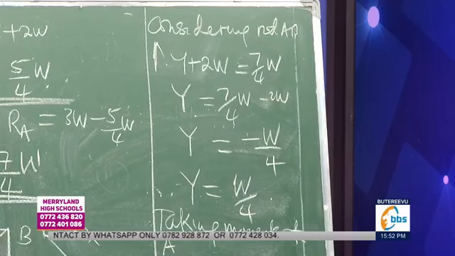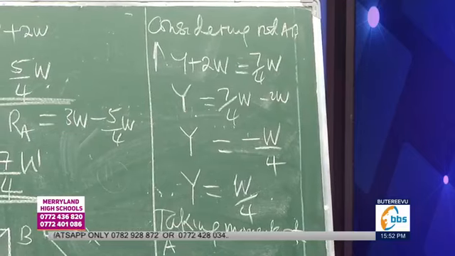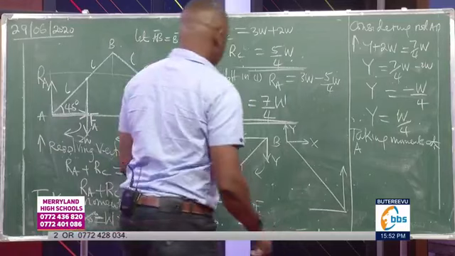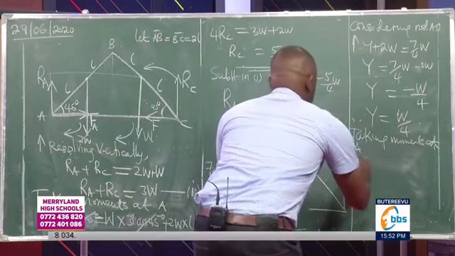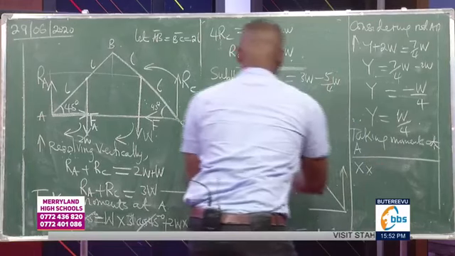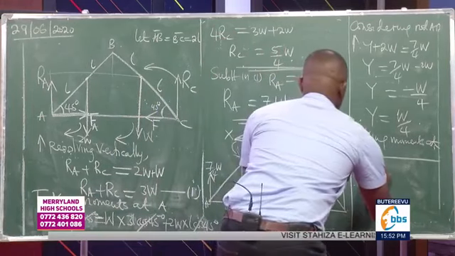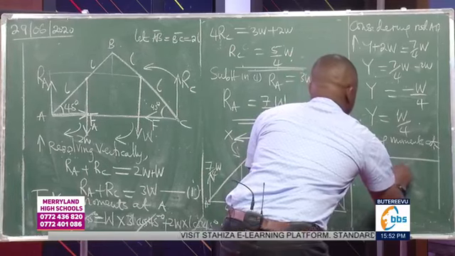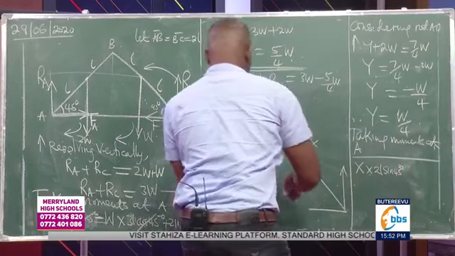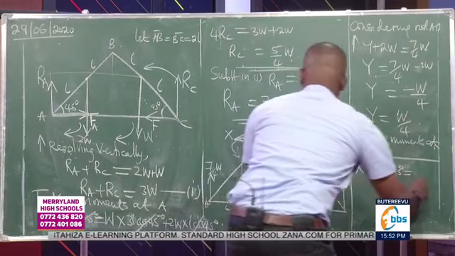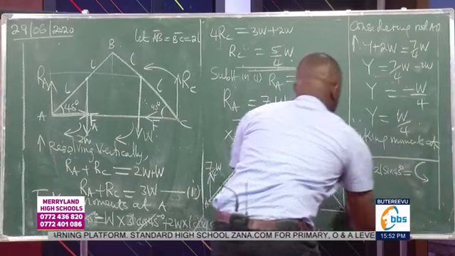Y will go this side, x will go this side, and 2w will go that side. When we take moments there, we shall have x times the perpendicular distance, which is our 2L sine of 45. And that x is acting alone, and it should be equal to y. This is anti-clockwise.